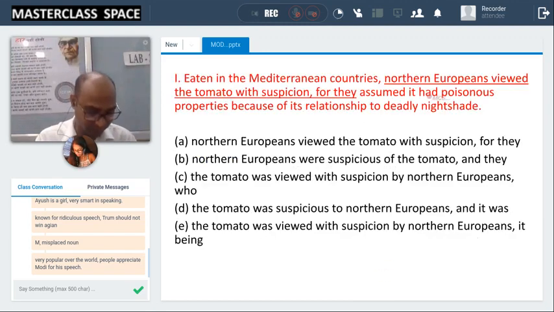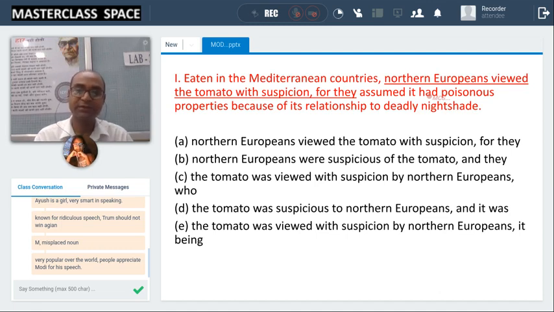Now look at this part. Can you read it? Eaten in the Mediterranean countries, northern Europeans viewed the tomato with suspicion, for they assumed it had poisonous properties because of its relationship to deadly nightshade.